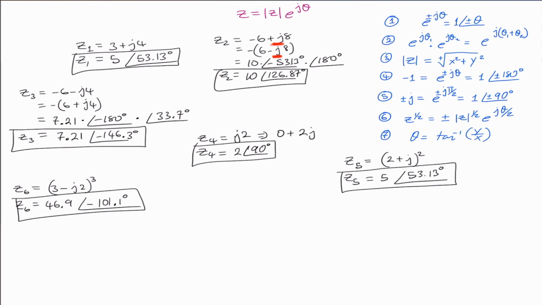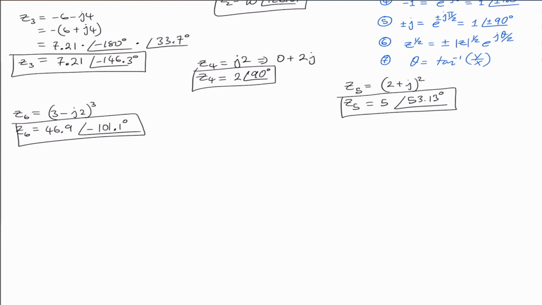Go ahead again. The last property we're going to use is the power property. So for this case, we have Z7.